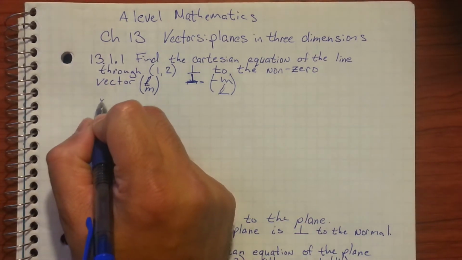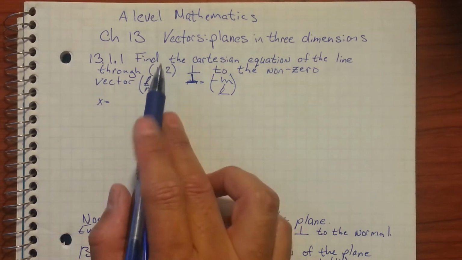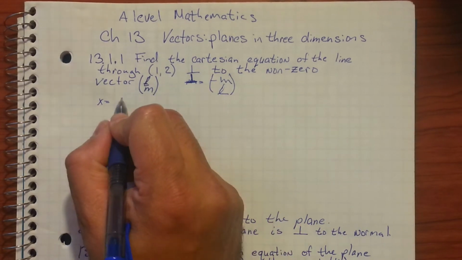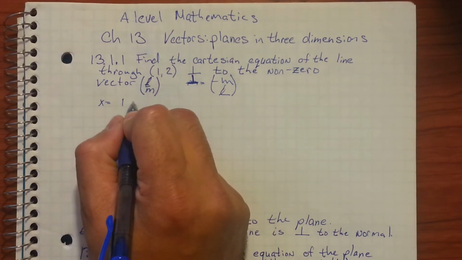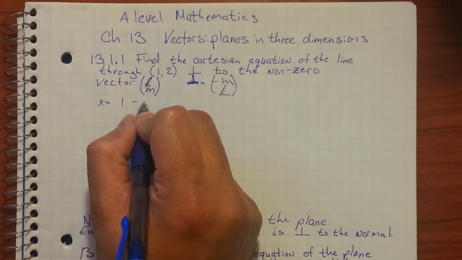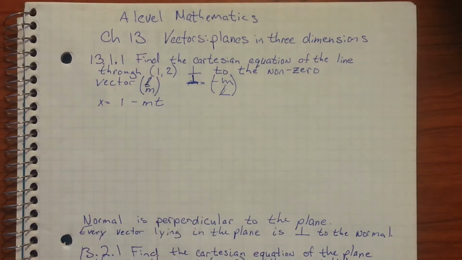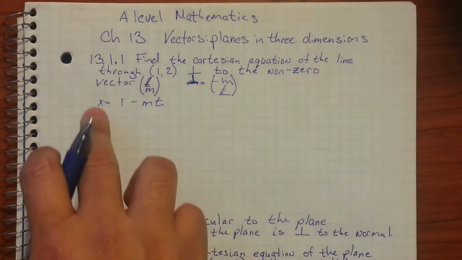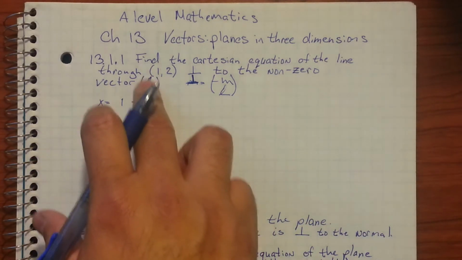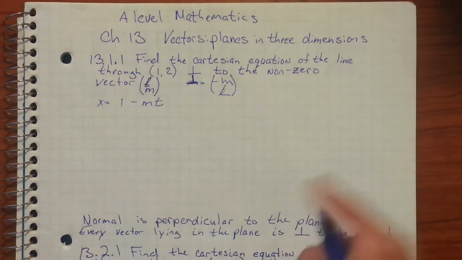My x is equal to 1, because it's going through this point, and it's going to be minus m t for my equation. If I want to write out the whole thing, it would be r equals this point plus t of this point.